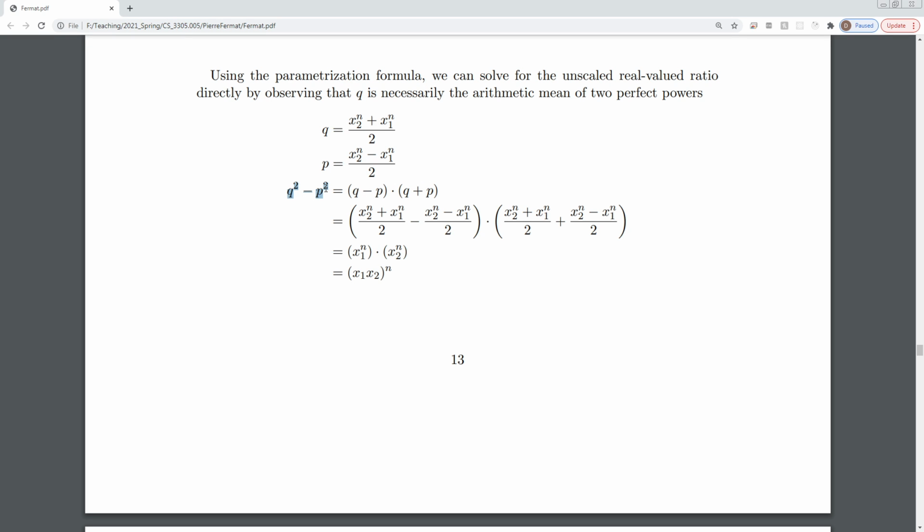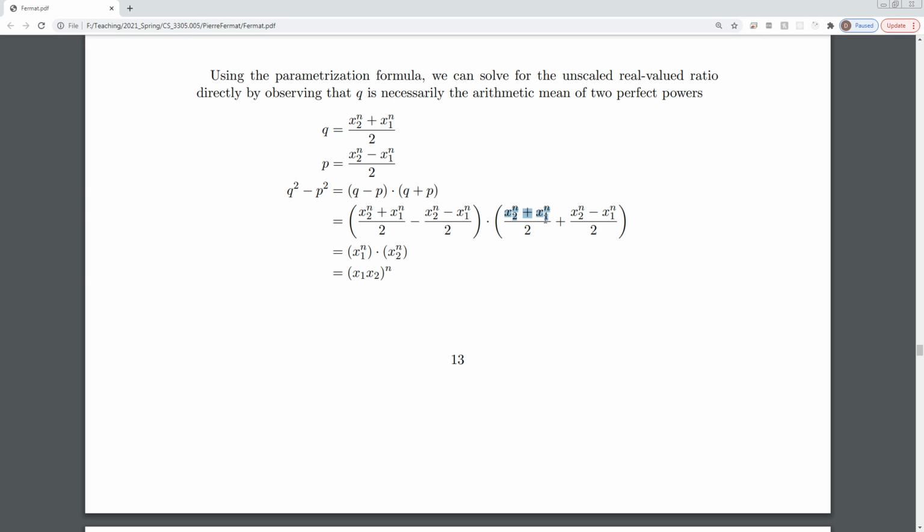Then when we expand this into q minus p times q plus p, we end up making our substitution. So q is exactly equal to this, p is exactly equal to this, and we're just substituting algebraically right now. Then we see that this minus this, the x terms cancel out, the negative cancels out here, and so we get 2 x1 to the n over 2, and that reduces to x1 to the n.